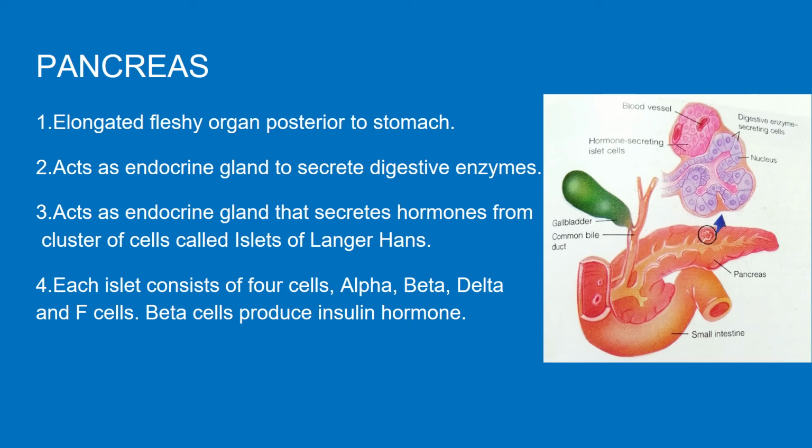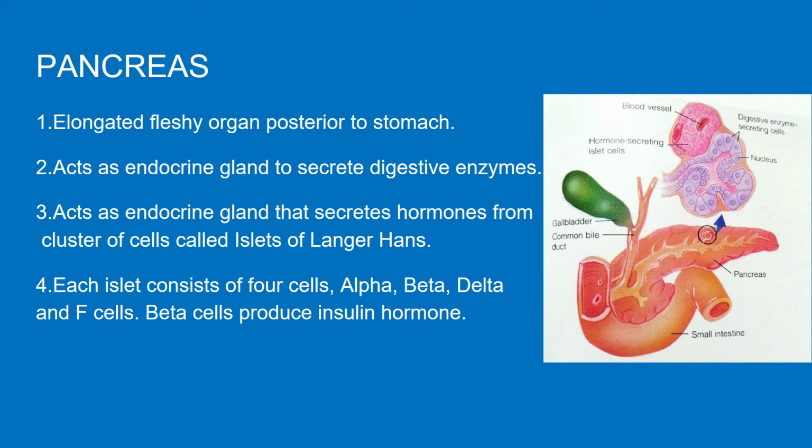It functions both as an exocrine gland, that is a gland with duct, to secrete digestive enzymes, as you can see from the diagram, cells shown purple in color, and as an endocrine ductless gland shown red in color. The endocrine portion of the pancreas makes up only about 1% of the gland.